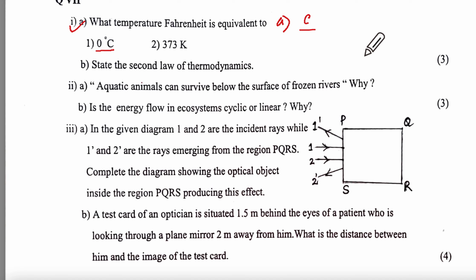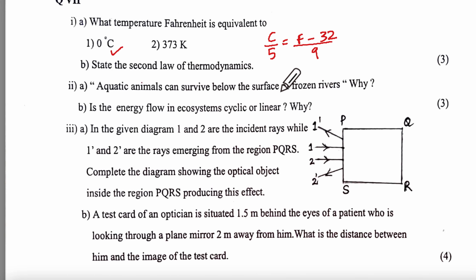Found it? Come on, look. C upon 5 equal to F minus 32 upon 9. You can use this formula, correct?